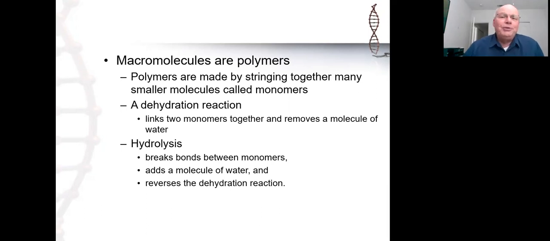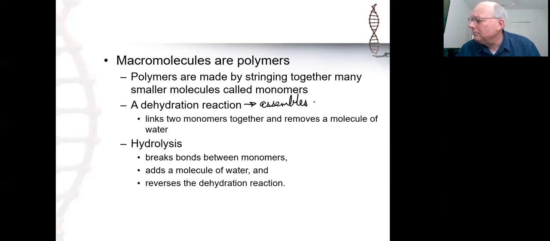The 2 types of reactions involved are dehydration reactions, which are the assembly reactions, and hydrolysis, which disassembles.